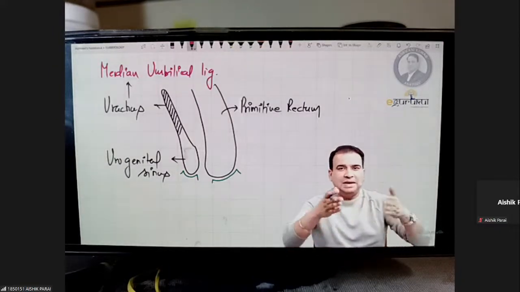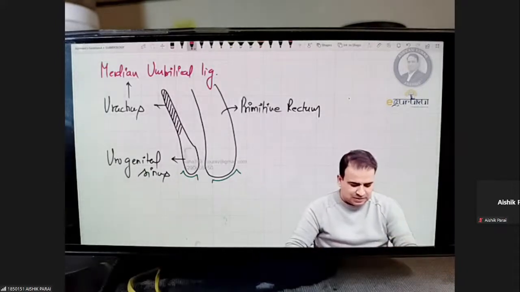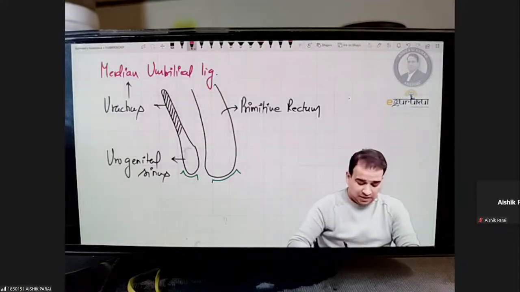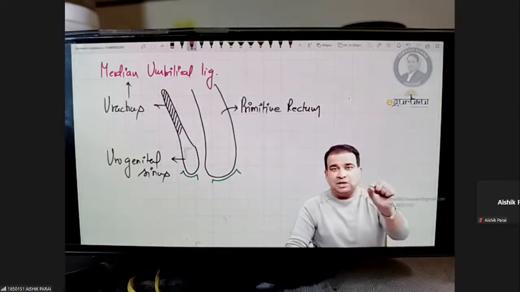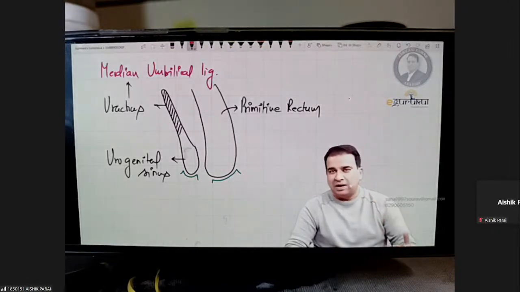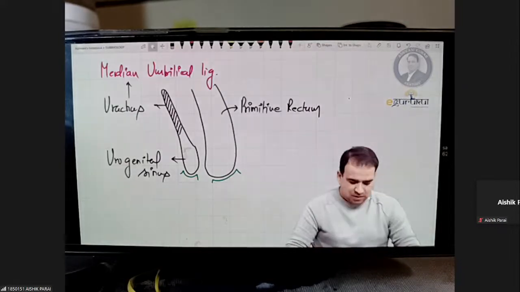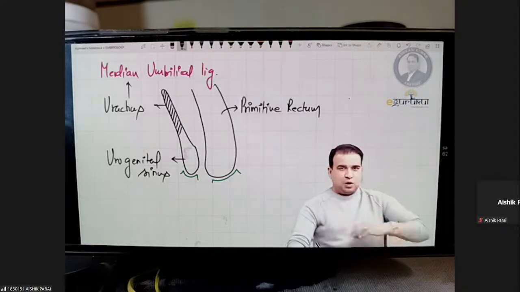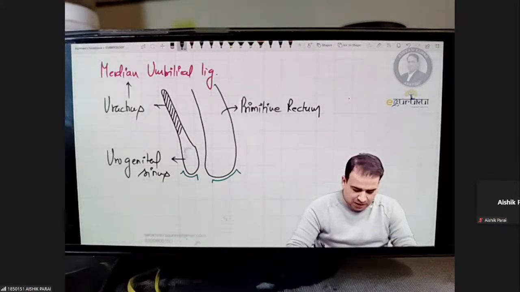We do have a medial umbilical ligament also, but this is median, and in the middle goes to the umbilicus. And if this urachus is patent, then the bladder will be seen having a connection directly to the umbilicus. That leads to the weeping umbilical cord. The urine can be dribbling out of this umbilical opening.